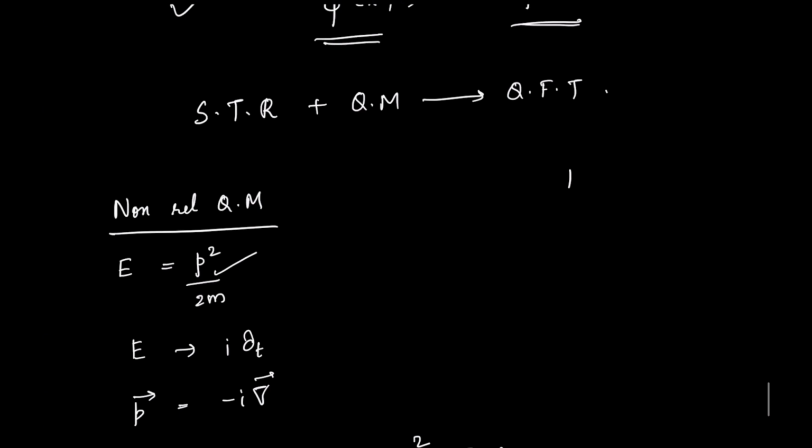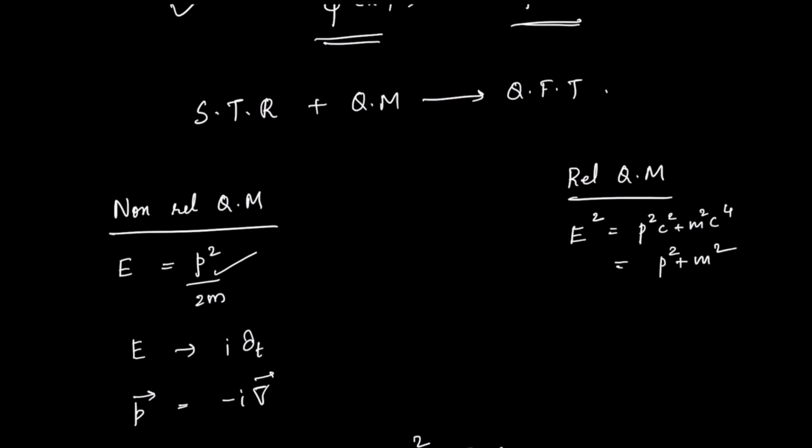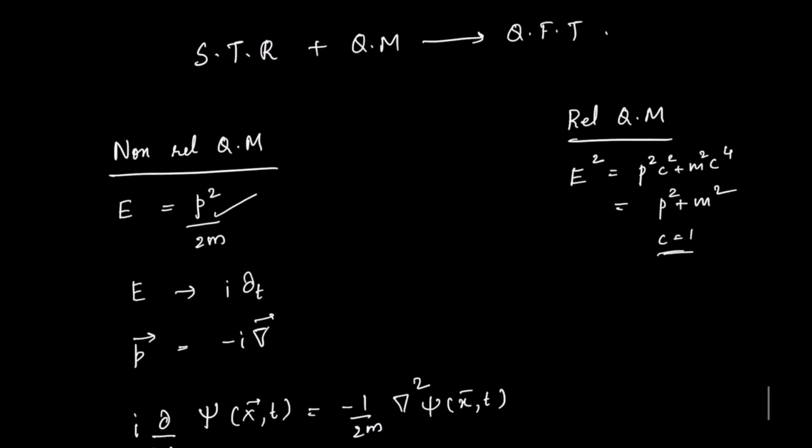Now in relativistic quantum mechanics, the energy E squared is equal to P squared c squared plus m squared c to the power 4. We follow natural units, therefore I can write P squared plus m squared, because c equals 1.